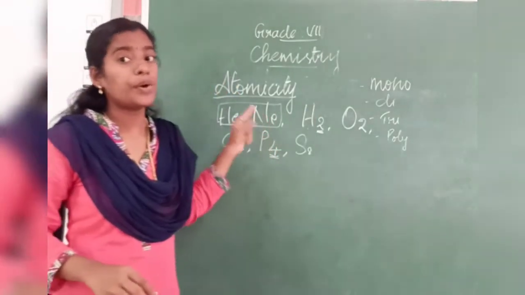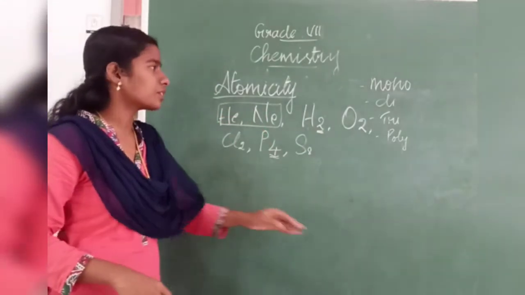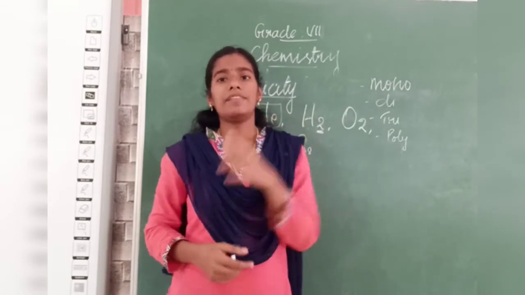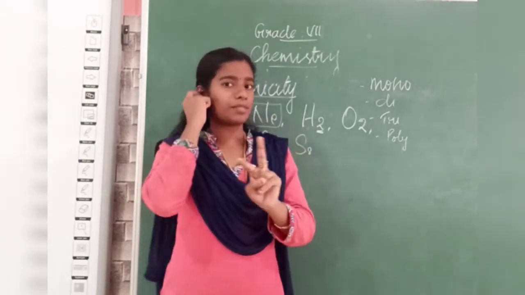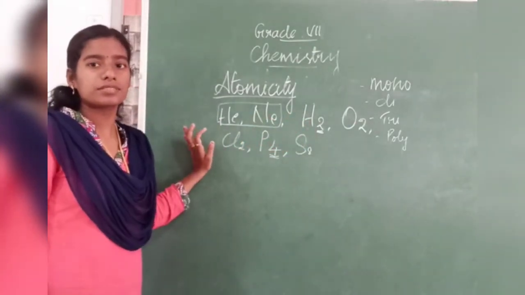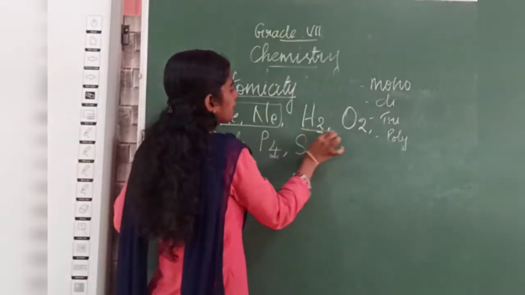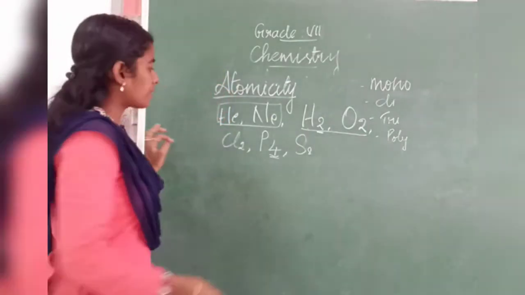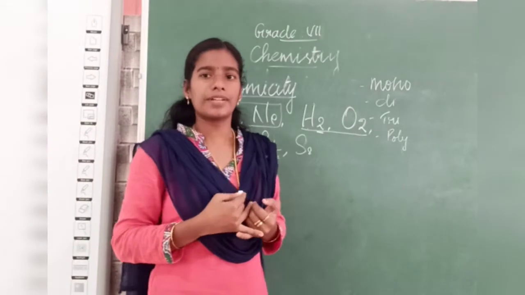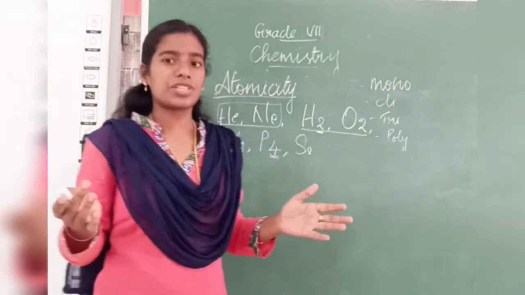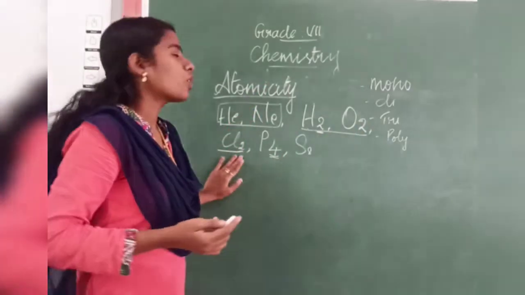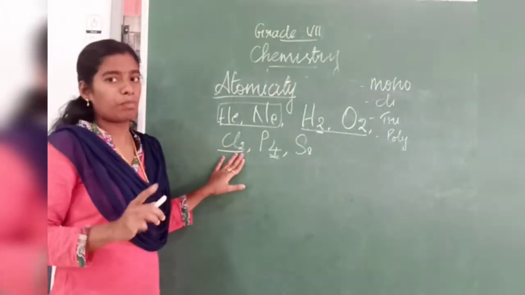But it is a molecule. Then diatomic. Diatomic means it should have 2 atoms. From here, what are the diatomic molecules? Hydrogen, oxygen, chlorine. Nitrogen is also a diatomic molecule. Like this, many elements are there.